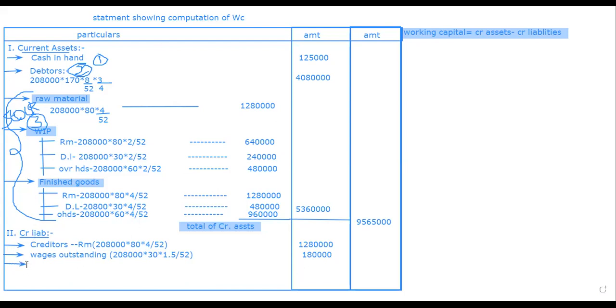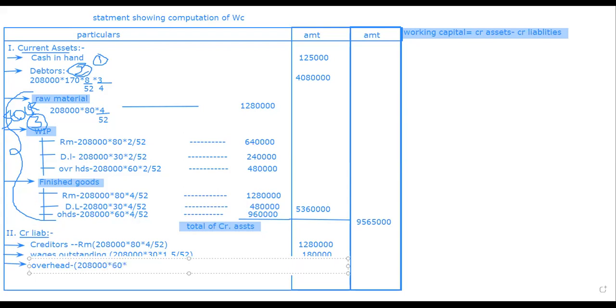So what is it? Overheads also were in a lag for a period of how much he said? Overheads is a lag for 1 month itself. So overheads is equal to the same. My calculation for everything, 2,08,000, we are going to multiply by the overheads price, which is 60 rupees.